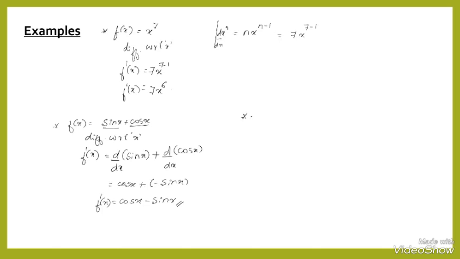Okay. Here, this is of the form f of x is equals to sin x into cos x. Here, there are two functions. There is a difference between these two functions. Here, there is an addition in between two functions, sin x and cos x.